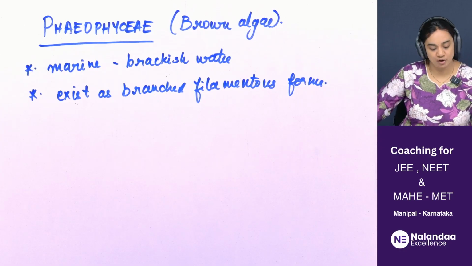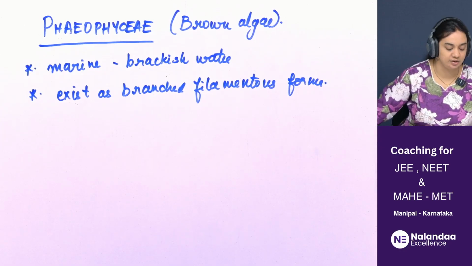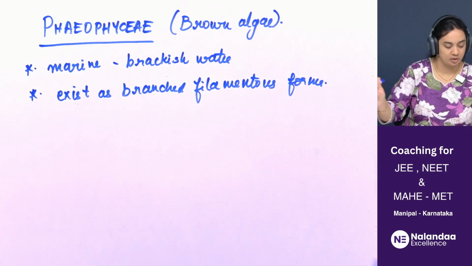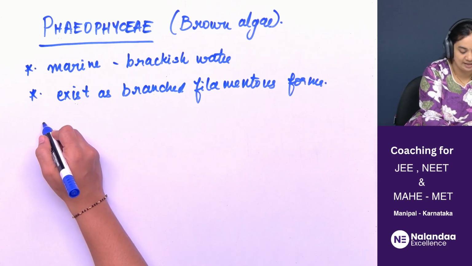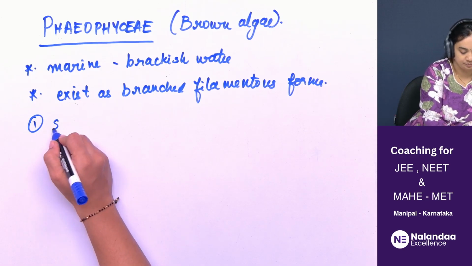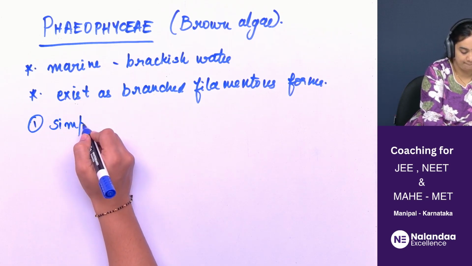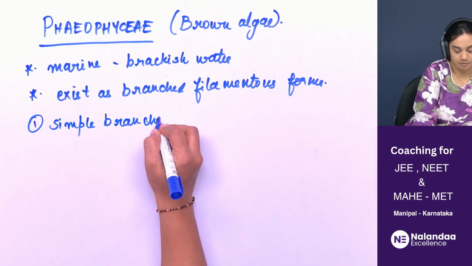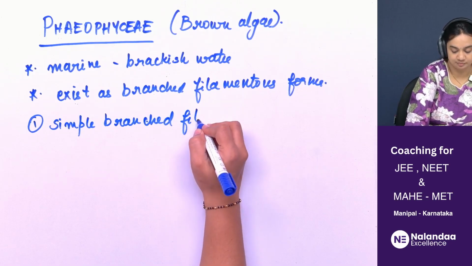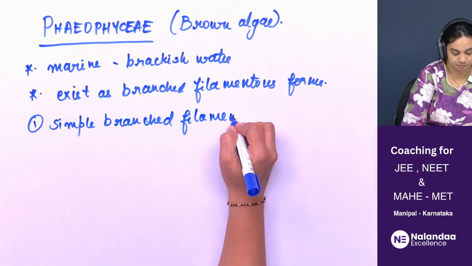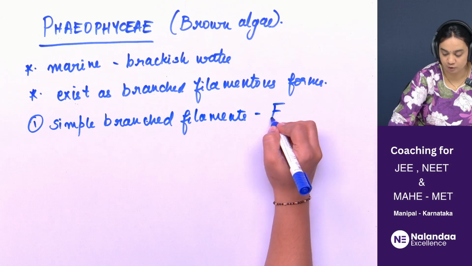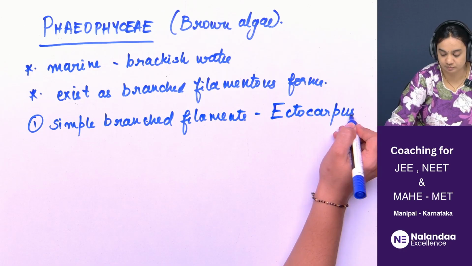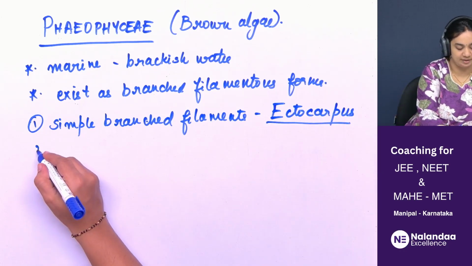Class Phaeophyceae does not have simple unicellular members, it only exists as branched filamentous forms. So they can exist either as simple branched filaments, as in case of Ectocarpus. Ectocarpus is one. It's a simple branched filament.